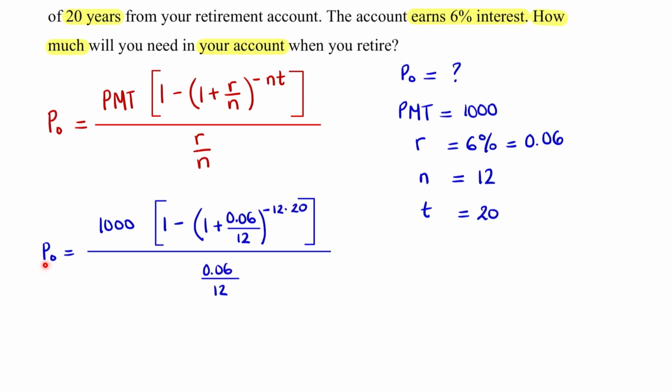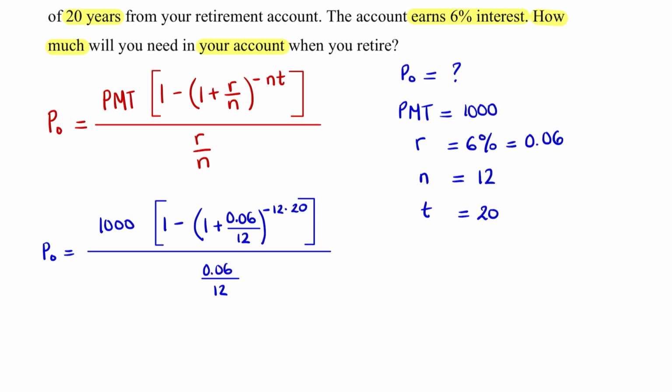So I have P of 0 equals 1,000, open bracket, 1 minus, open parentheses, 1 plus 0.06 divided by 12, close parentheses, raised to the negative 12 times 20, close bracket, everything over 0.06 divided by 12.